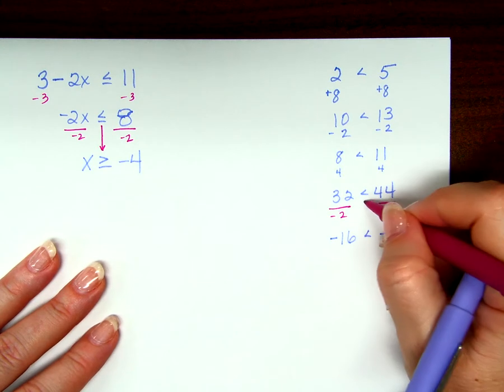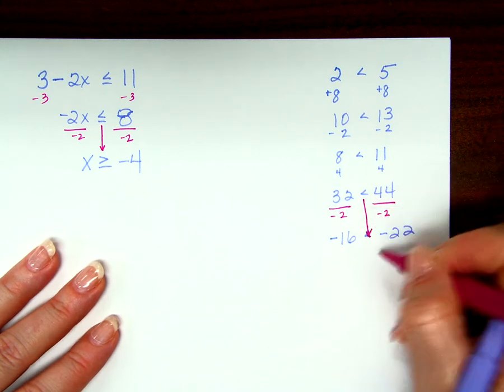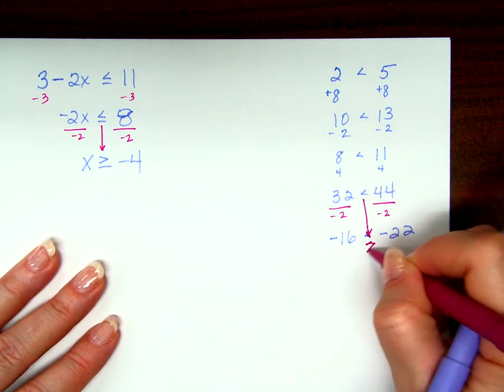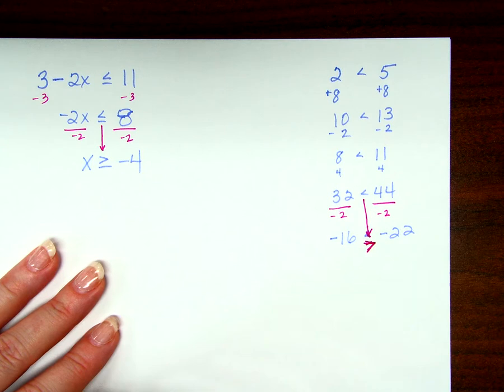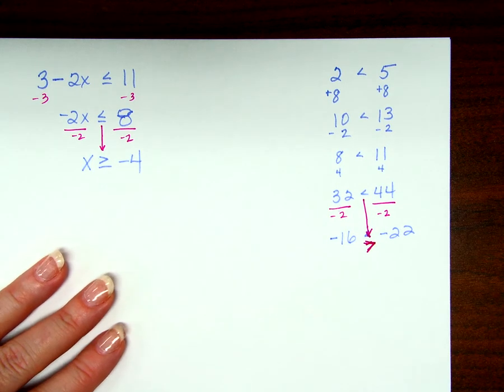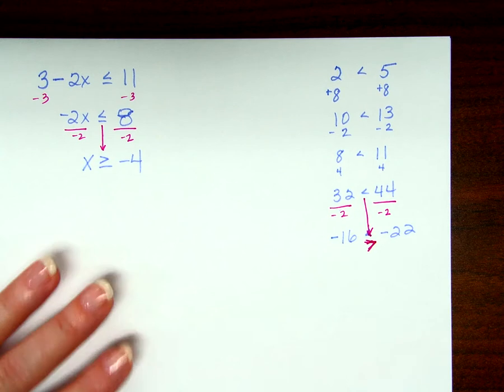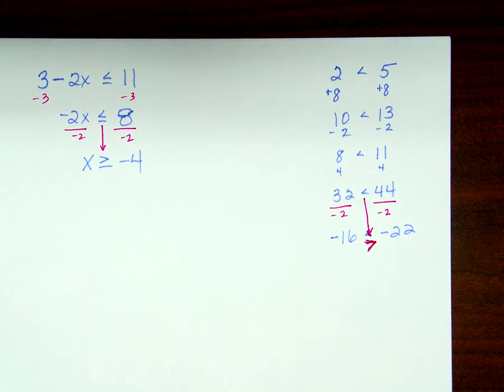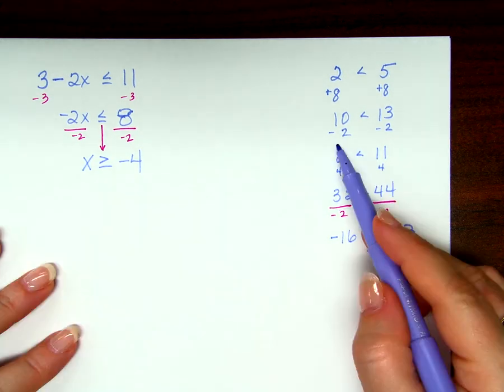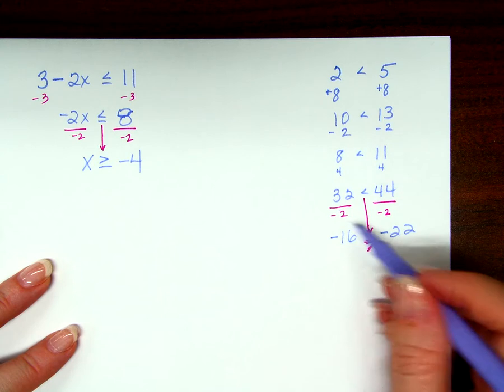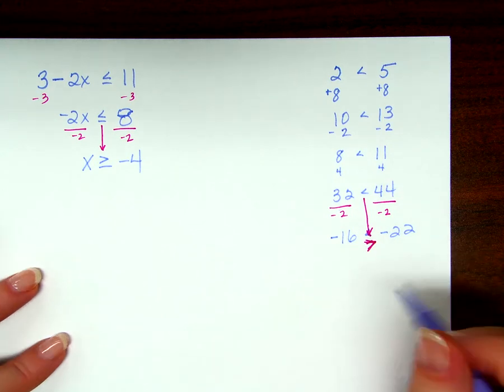So in order to make it a true statement, I have to flip that sign to be a greater than sign. Does that make sense? Okay. Anytime I multiply or divide by a negative number, I have to flip the sign. Not subtracting. Only multiplying or dividing by a negative number. Okay.